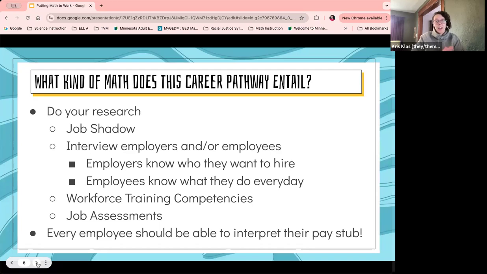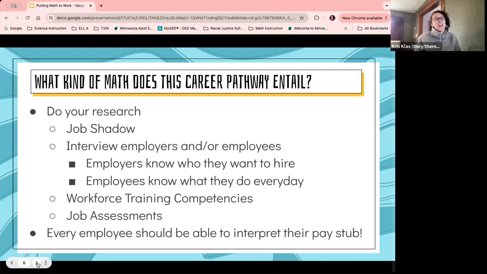And I think if for no other reason than being able to interpret their pay stub at the end of the week or the end of the month. I have talked with so many students who've experienced wage theft because they're not getting all of their hours reflected on their time card, or if they don't understand how to interpret that pay stub to begin with, they don't know whether they're experiencing wage theft or not.